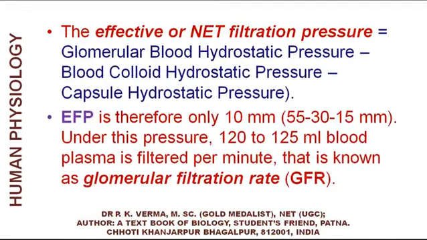The effective filtration pressure is therefore only 10 millimeter, that is 55 minus 30 minus 15 millimeter. Under this pressure, 120 to 125 milliliter blood is filtered per minute. That is known as glomerular filtration rate, GFR.